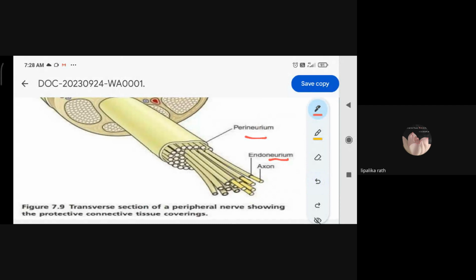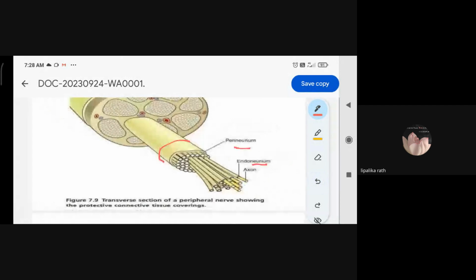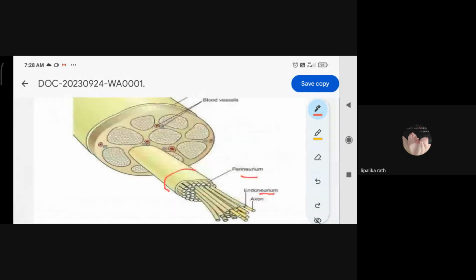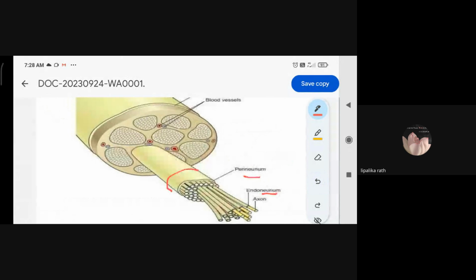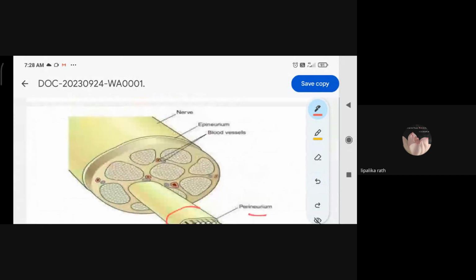And this covering is made up of fat cells. Now, when these bundles of perineurium are covered, then it is known as epineurium. Now this complete portion is known as nerve.